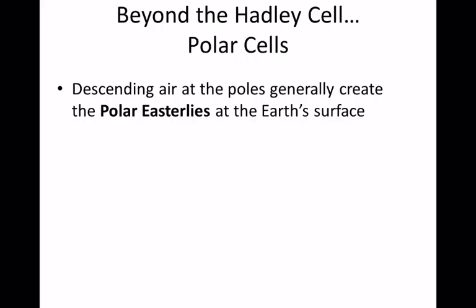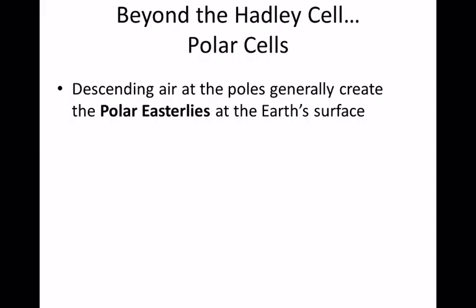So, in order to address the polar cells, I like to think of it a little bit backwards, not coming from the equator or the intertropical convergence zone, but coming from the poles. You guys told me warm air rises, cold air sinks. Okay, so I almost think of it like breaking an egg up here, and basically we have air going that way at both poles.